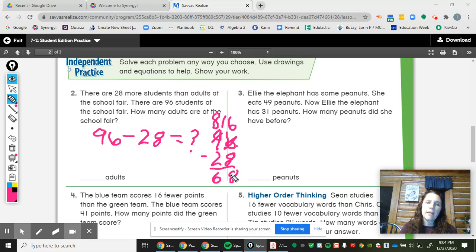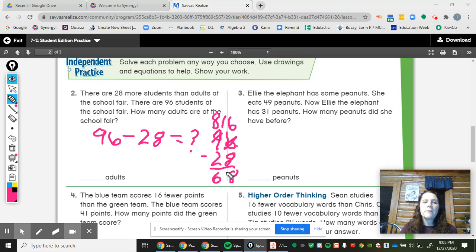We have 68. So remember that it said there are 28 more students than adults. So we have 68 adults. We have 96 students. So that makes sense that there's more students than adults, right?